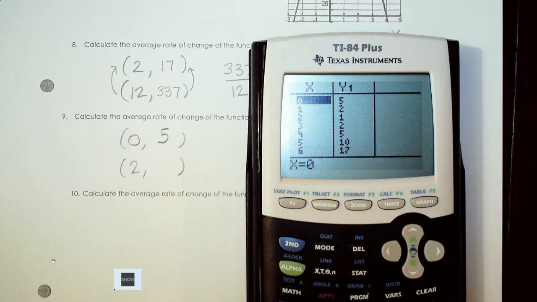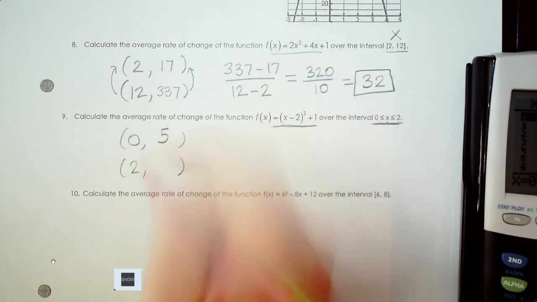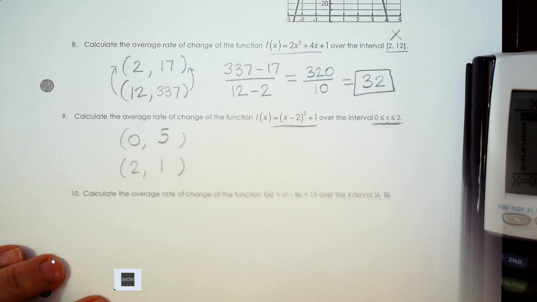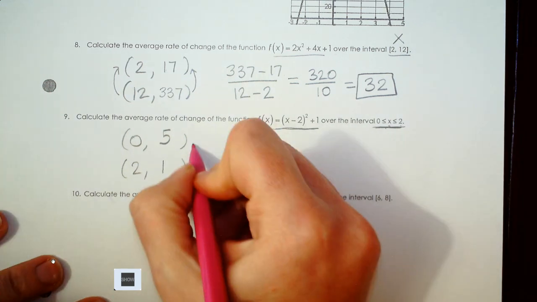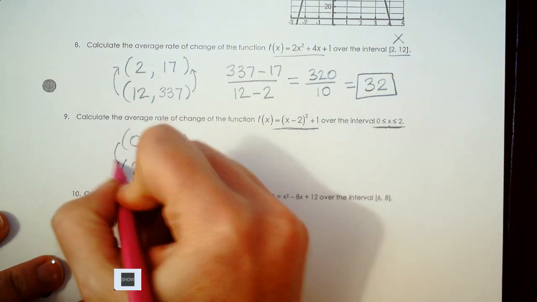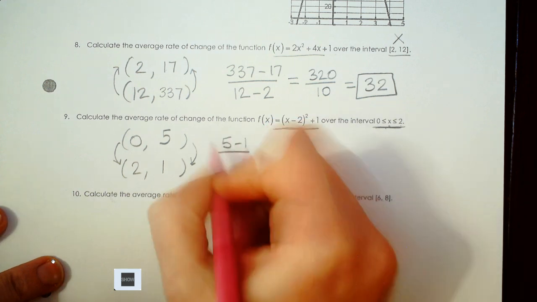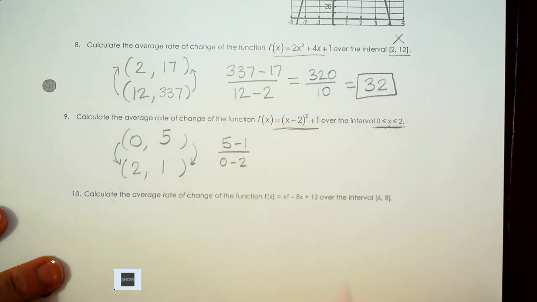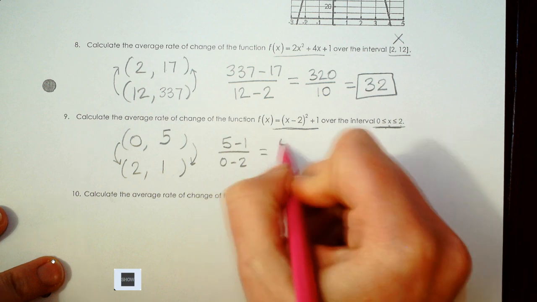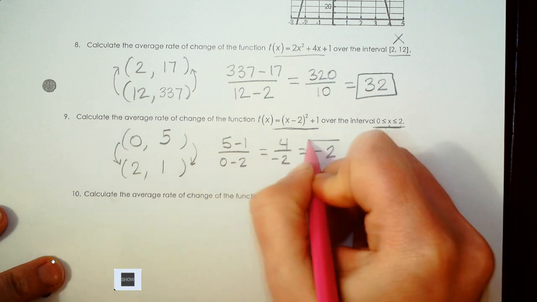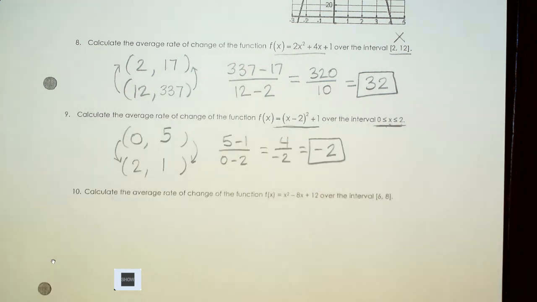When x is 2, y is 1. All right, and then it doesn't matter top to bottom, bottom to top, as long as you do it the same on both sides. Let's do 5 minus 1 over 0 minus 2 gives us 4 over negative 2, which equals negative 2.